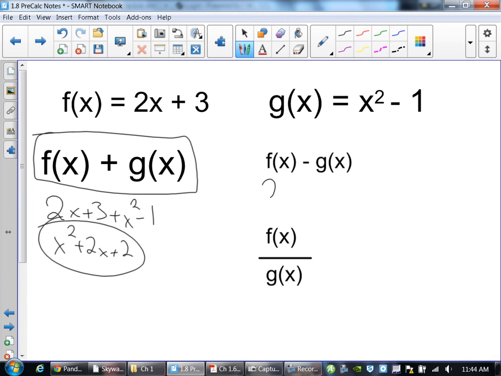We have our first one, 2x plus 3, and I'm subtracting the whole thing, which is x squared minus 1. Please remember to distribute your negative. Please, please, please, oh, pretty please with sugar on top, that way you don't mess up. So you wind up with 2x plus 3 minus x squared plus 1, and you just rewrite and you're done.